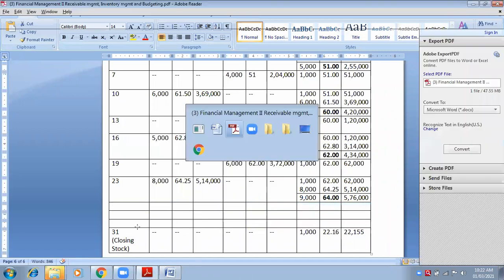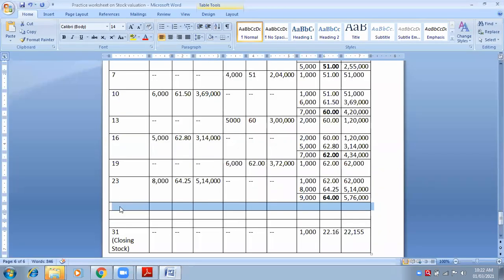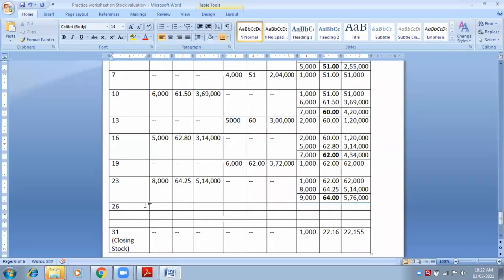Okay. Now, after 23rd, we have 26th, issued 7,000 units. The receipt column is nil and 7,000 units are to be issued. Out of 9,000, 7,000 are issued. So what is left over?